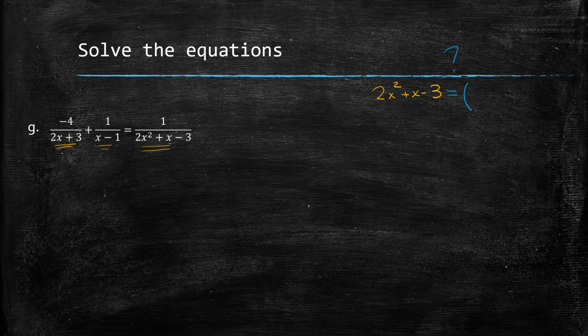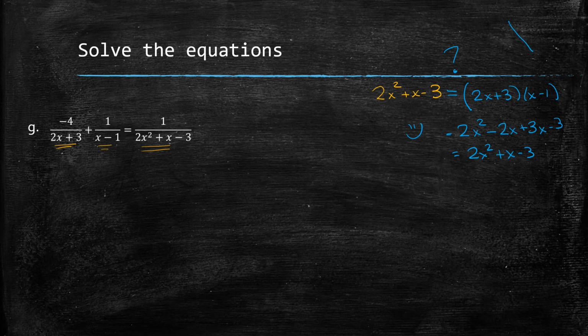So I'm going to see if this is equal to 2x plus 3 times x minus 1. So I'm going to FOIL. I get 2x squared minus 2x plus 3x minus 3, which is 2x squared plus x minus 3. Okay, so this works. I figured out how it factors.